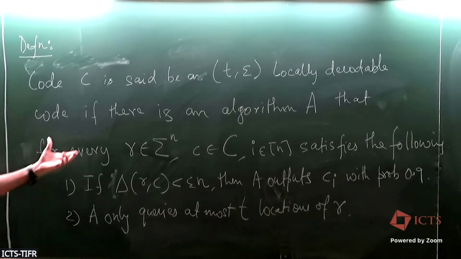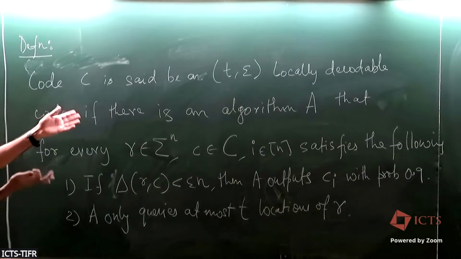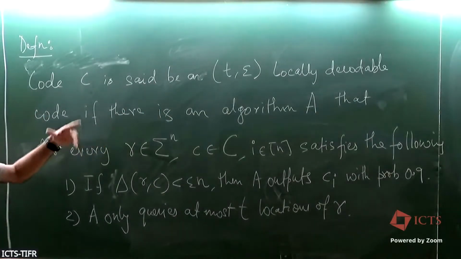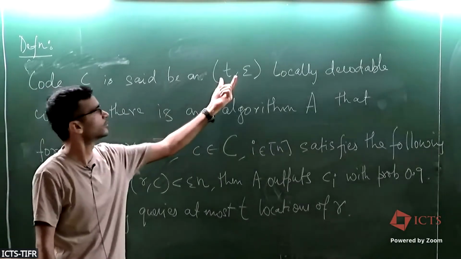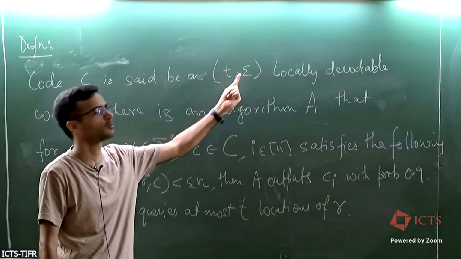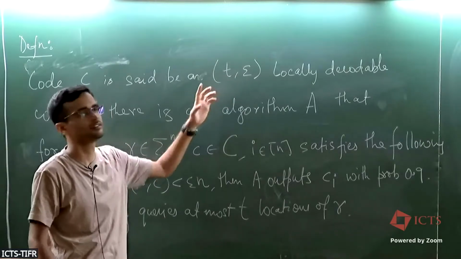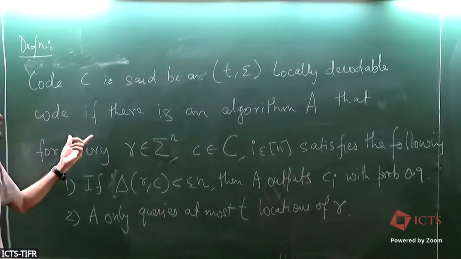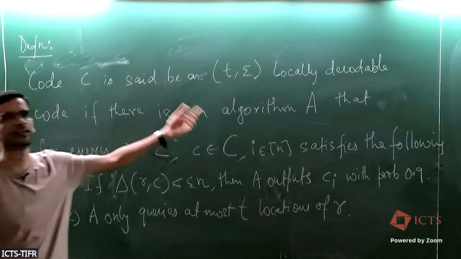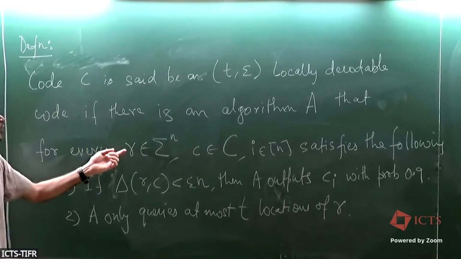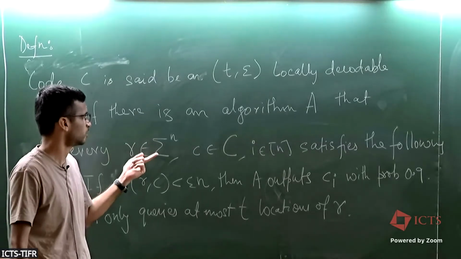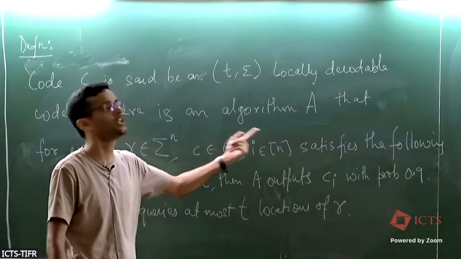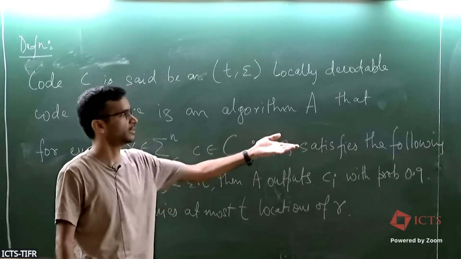Okay, so this definition is as follows. We'll say that a code C is (T, epsilon) locally decodable. There are two parameters, T and epsilon. Epsilon is the error parameter. T is the query complexity of the code. So (T, epsilon) locally decodable if there is a local decoding algorithm A such that for every word R in sigma to the n, every code word C in capital C, and every coordinate i in [n], it has the following properties.